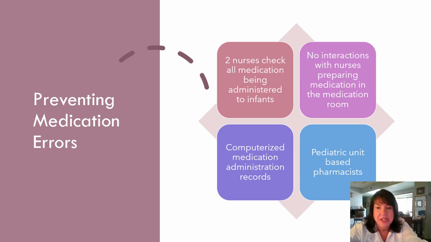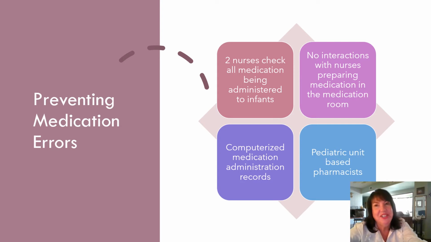We use computerized medication records pretty much everywhere now. This does tend to prevent medication errors. There's one less person involved in the transcription of a medication order to the MAR. Just that in itself really helps.